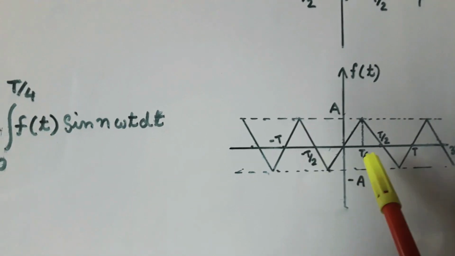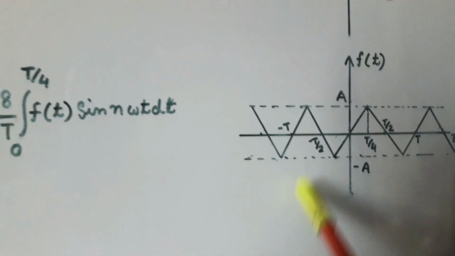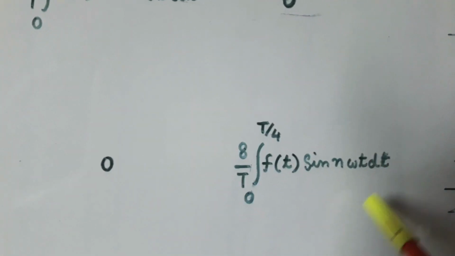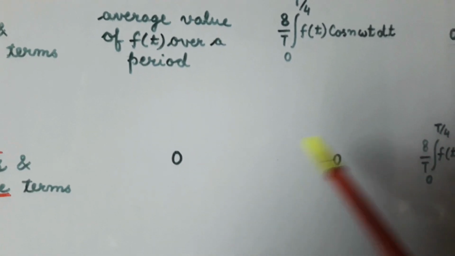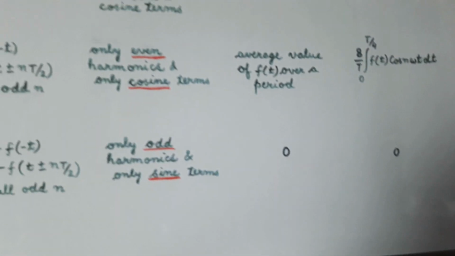So in this case we will have to calculate only the Fourier coefficient bn using this formula, and we will just substitute the value of a0/2 and an equal to 0, and we can find the Fourier series of such type of function.